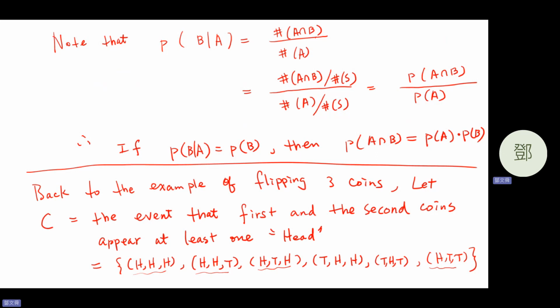Understand? How many elements are there in C? 7. There are 7 elements.